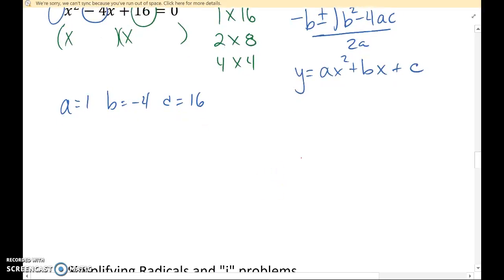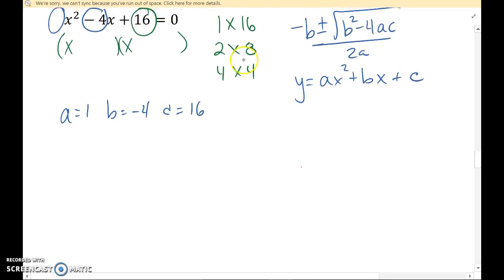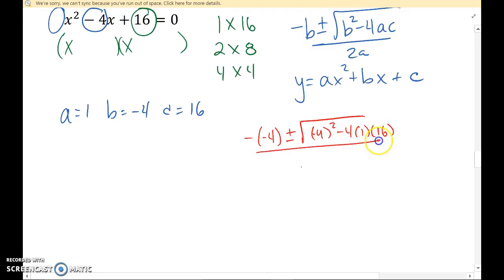And so when we substitute this into our quadratic formula, we get negative times negative 4 plus or minus the square root of negative 4 squared minus 4 times a, which is 1, times c, which is 16, all over 2 times 1.